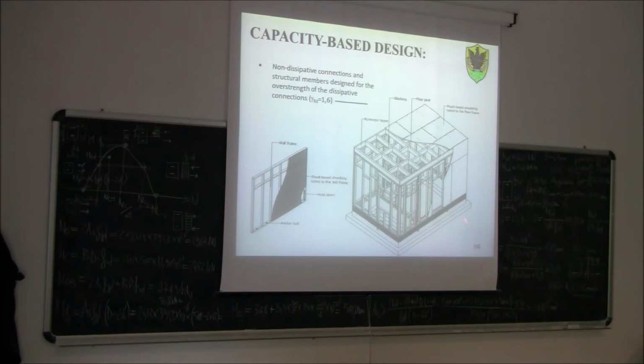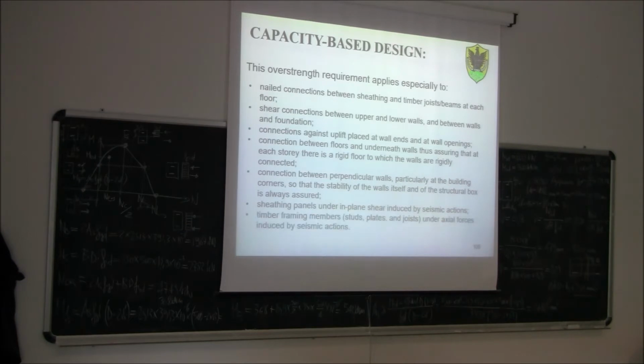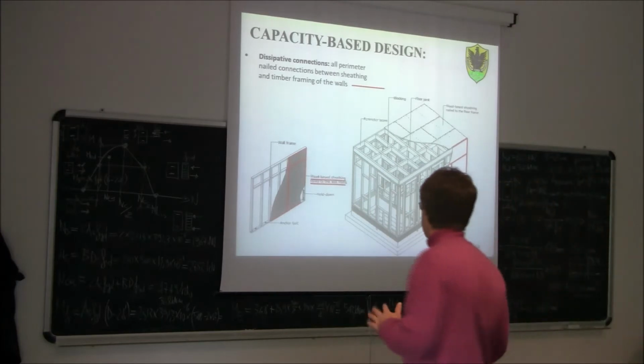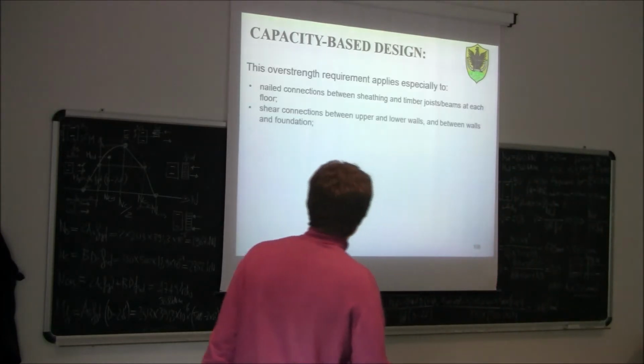So in this case, we start from the actual strength of a single nail here, and from the actual strength of the single nail multiplied by the overstrength factor of 1.6, we will work out all the values of the stresses and forces in all the other structural members, in order to make the verification of the other structural members.